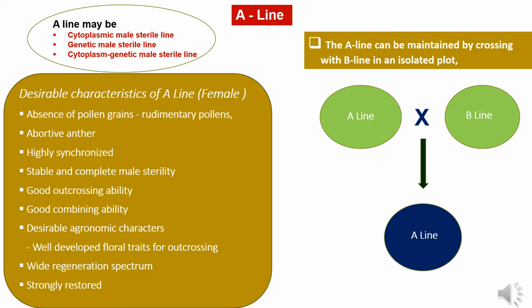As discussed earlier, if combining and outcrossing ability are at the best level, it will result in good crossing and seed setting and production of this F1 hybrid seed. And A line should have a wide restoration spectrum and strongly restored characteristics.